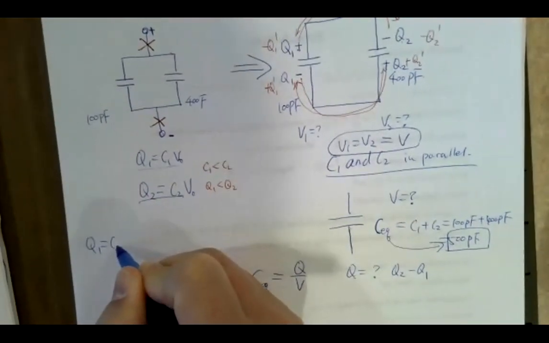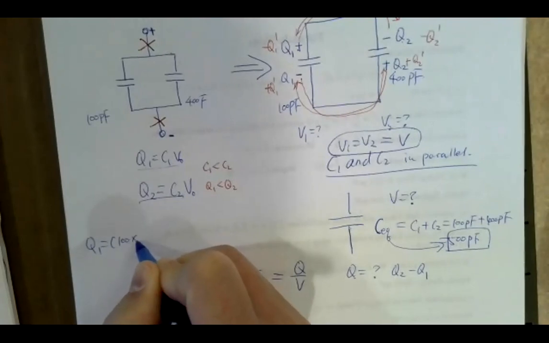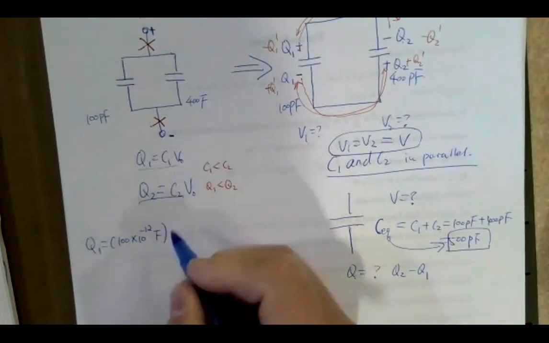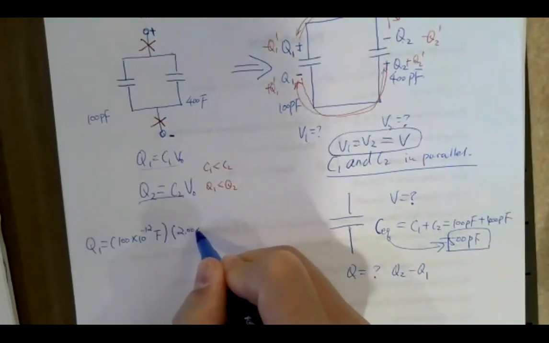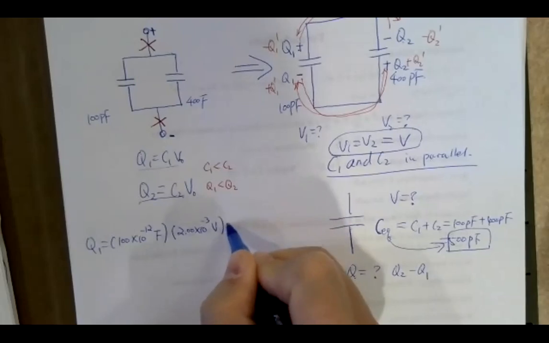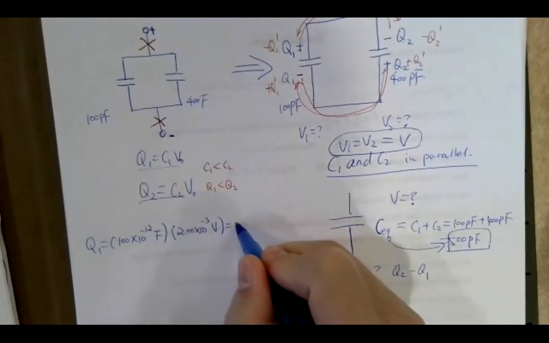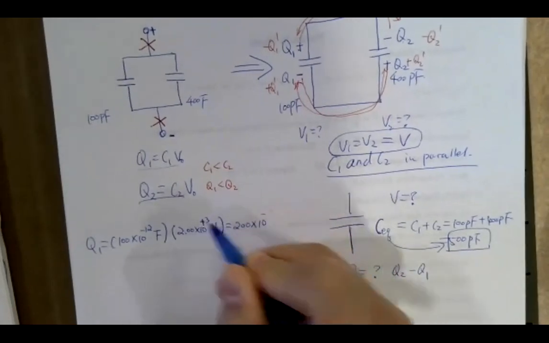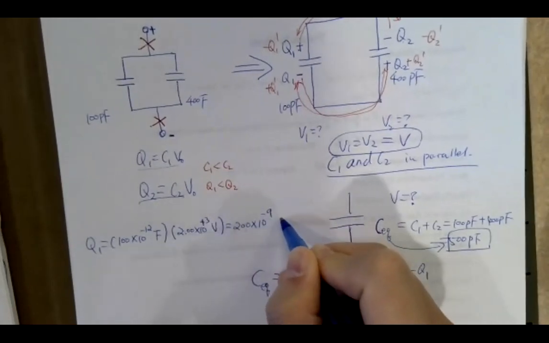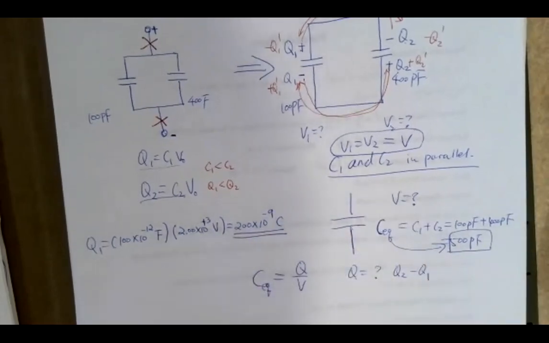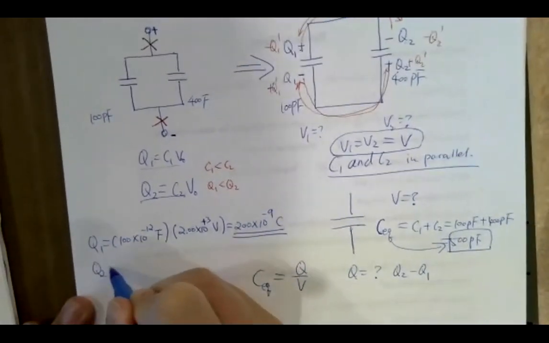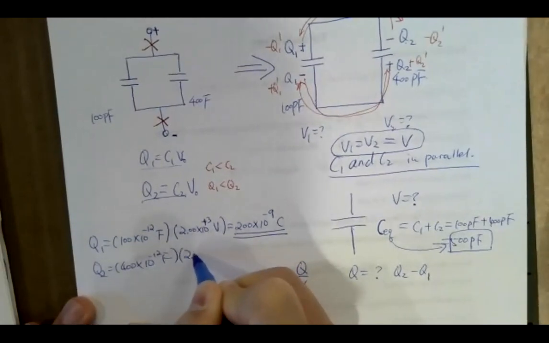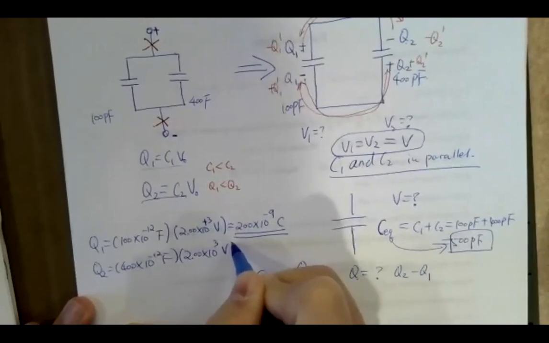So we can calculate those two first. Q1 equals C1 times V0. C1 is 100 picofarad times 2 kilovolts. That gives you 200 times 10 to the minus 9 coulomb, okay? And Q2 is 400 times 10 to the minus 12 times 2.00 times 10 to the third.